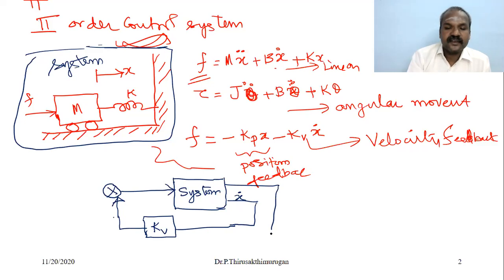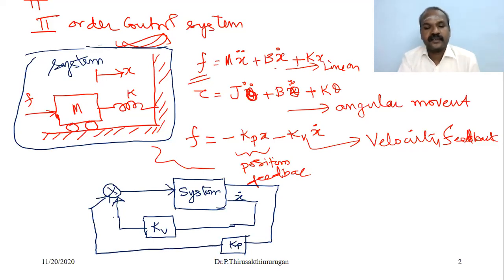This is the position feedback, position Kp. Clear? Both are negative feedback, so minus Kv and minus Kp. What is the output?